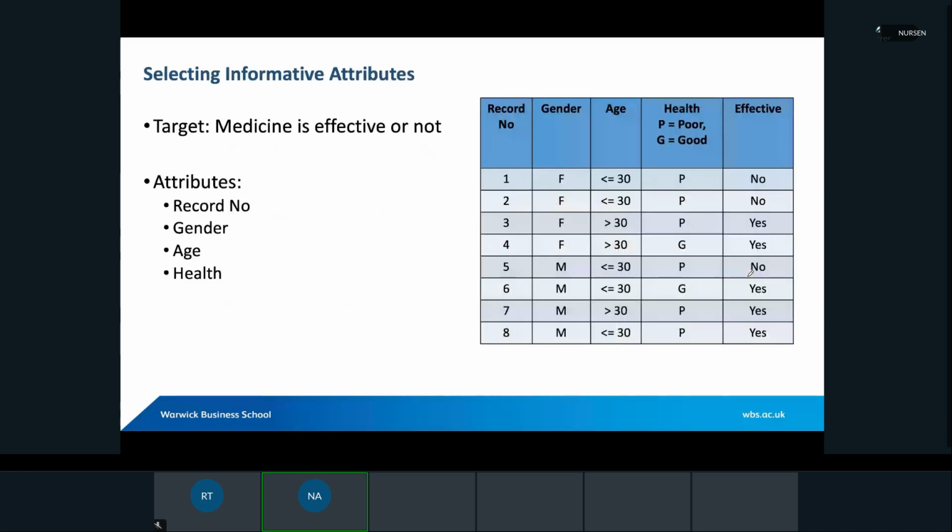So what is this feature selection? Let's discuss it over an example. Here we have a data set, and in this data set, our target variable is showing whether a medicine used on a patient is effective or not.